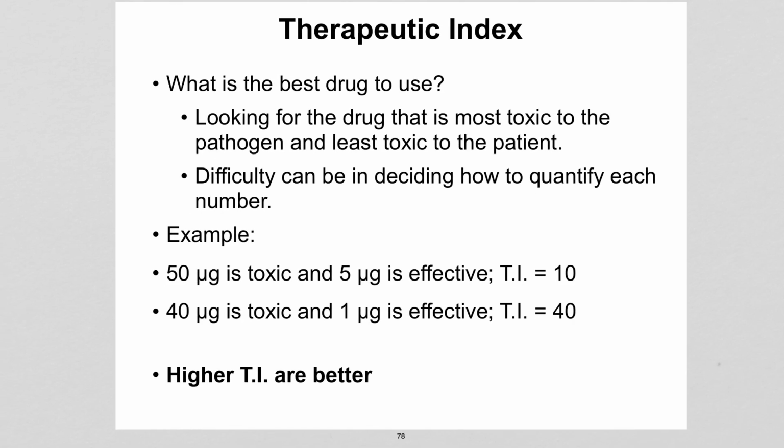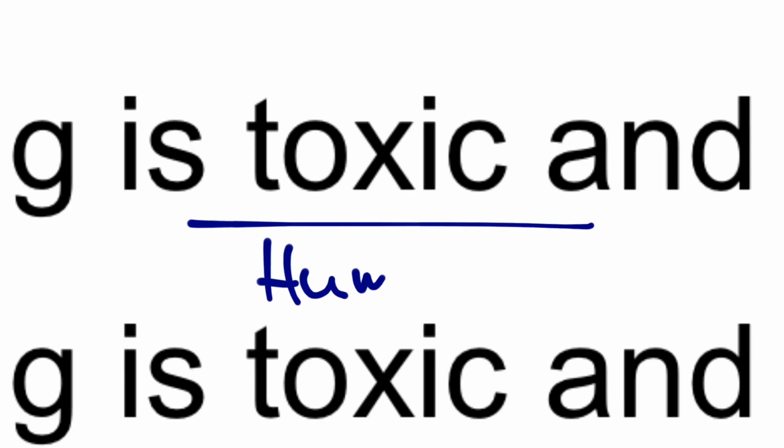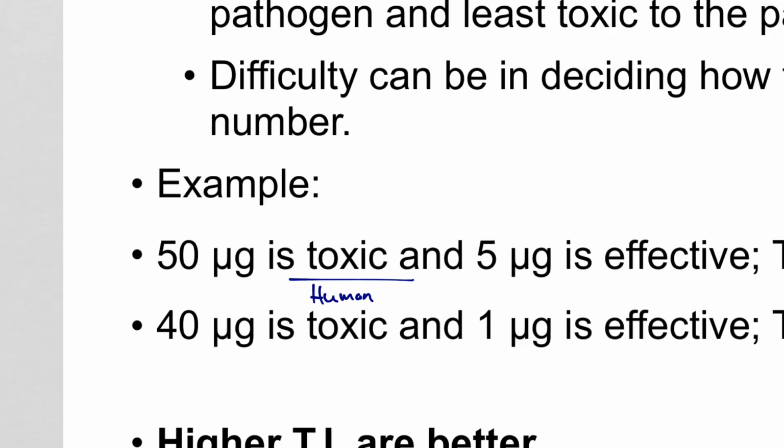Okay, so on that same idea, we can put a number on that, hypothetically at least, and call it therapeutic index. And what the therapeutic index really is, is a ratio of toxicity to effectiveness. And in the examples, when we say toxicity, we mean to the patient, human toxicity.